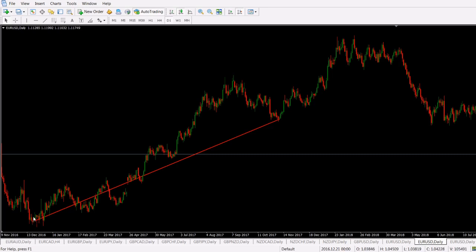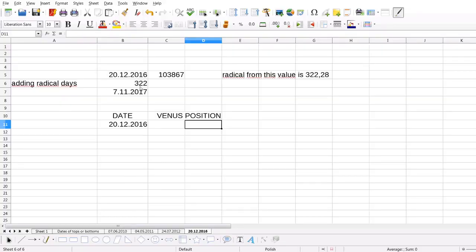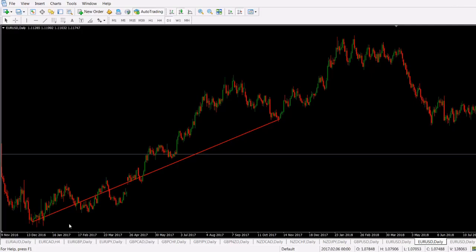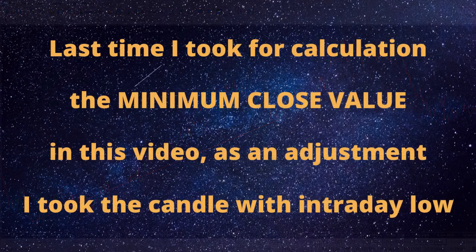So as we calculated the square root of the value of the price, we had the value of 322, which when we added, as you remember, 322 days to that date we calculated, we arrived over here.